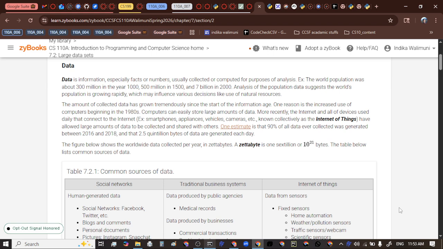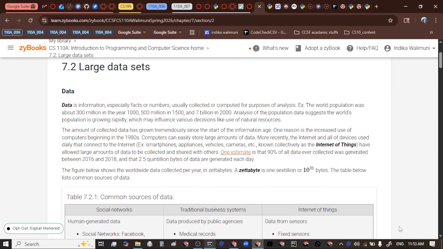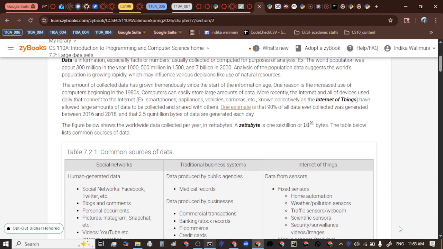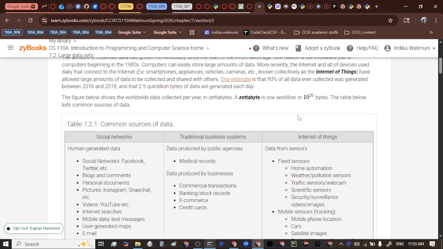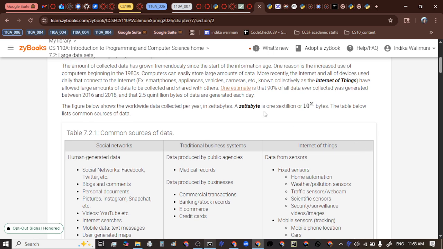All right. So right now, we have the term called big data, right? The name is because they are large. Right now the entire web is in the zettabyte range. Okay, so 10 to the 21 bytes of storage, worldwide data collected per year, kind of.